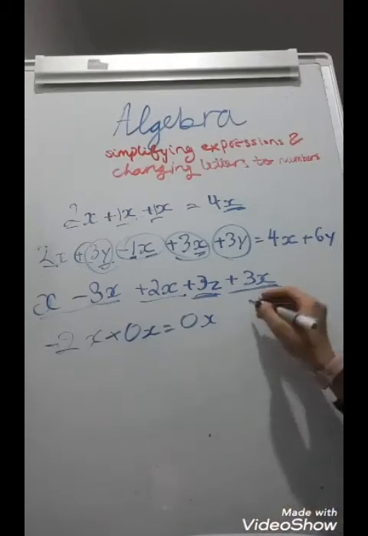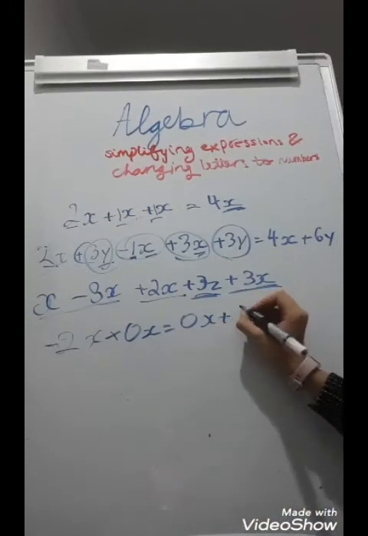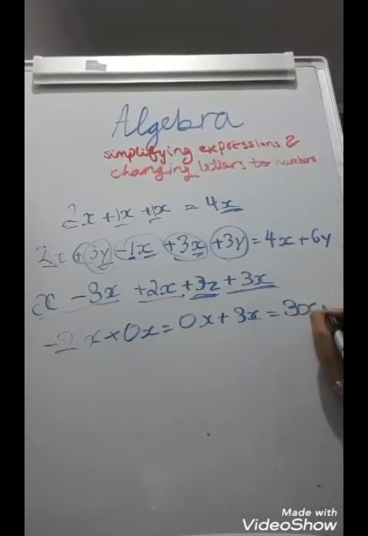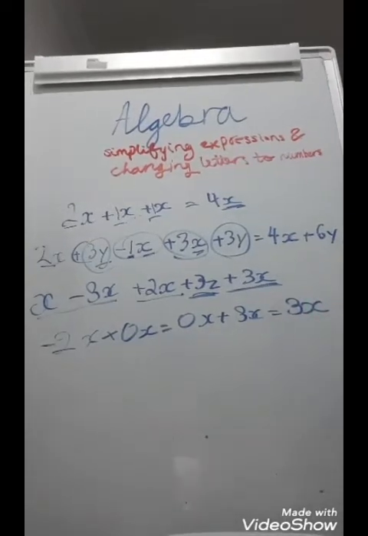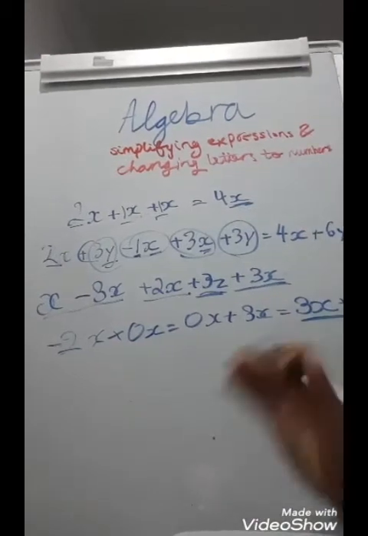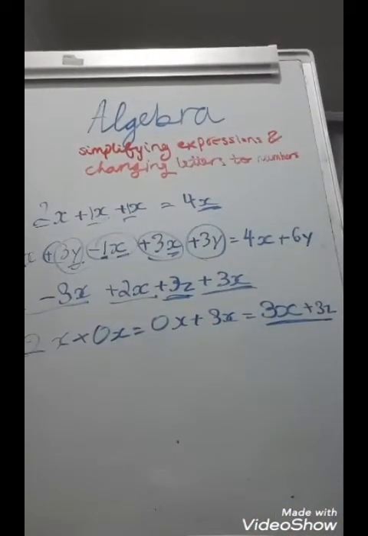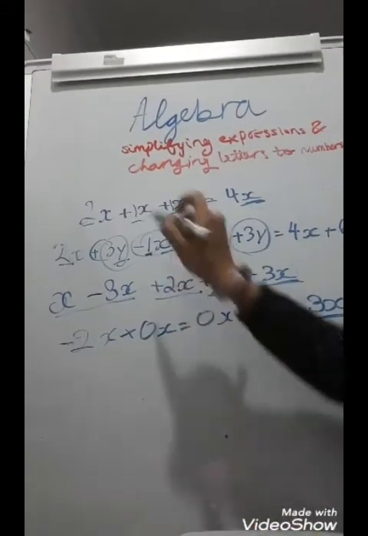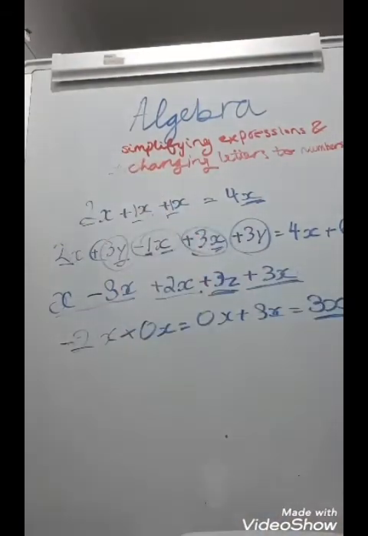So this would equal plus 3x, and that would equal 3x, and then plus the 3z, and this is our expression, plus the 3z, okay? Now there is also last two questions, and then we're going to go back to our next learning objective.